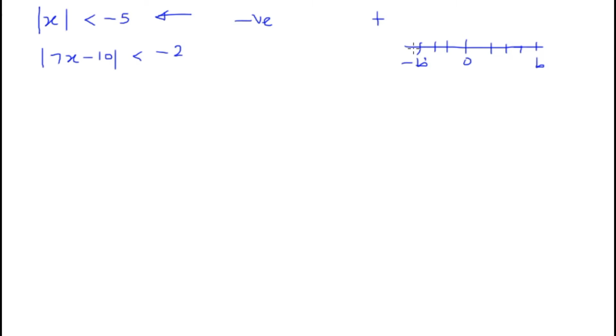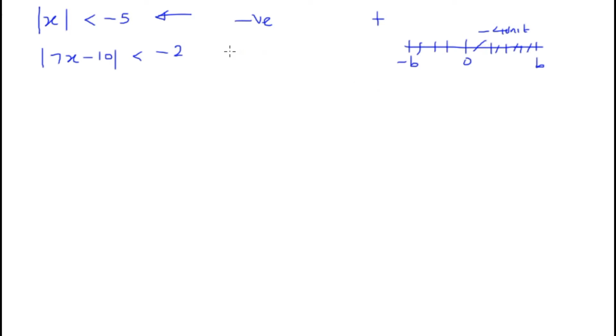Let us have one more unit so that it will be balanced. So interval 1, interval 2, interval 3, interval 4. It has to be 4 units, not minus 4. That explains the reason why the absolute value of a number cannot be negative.